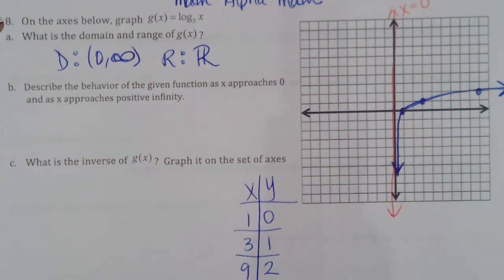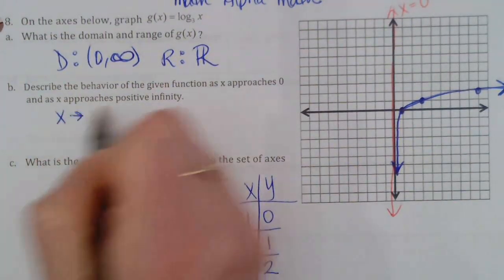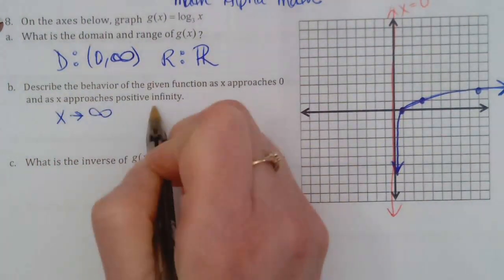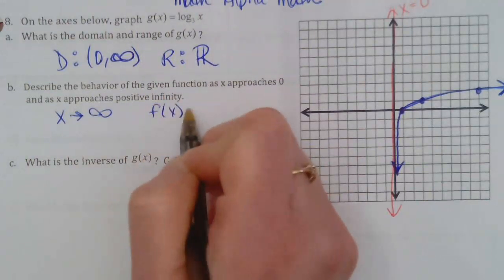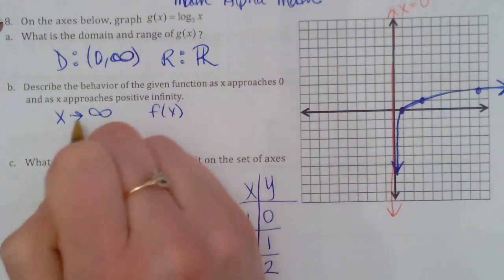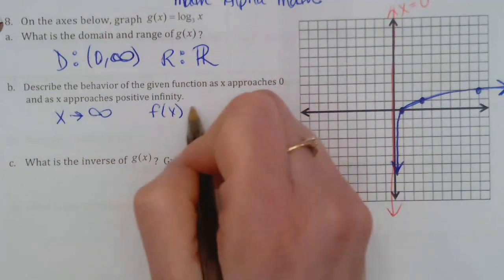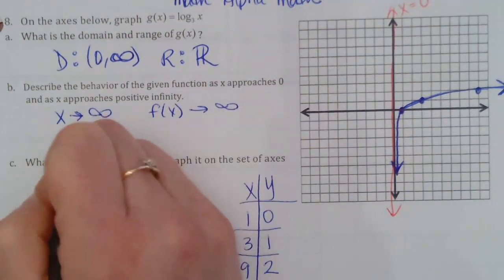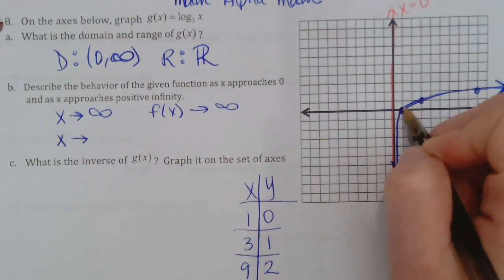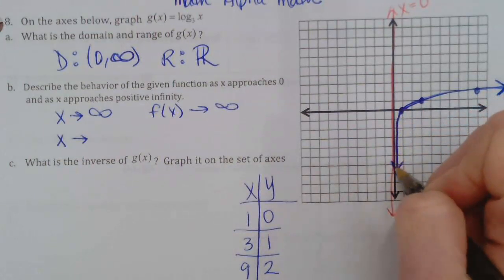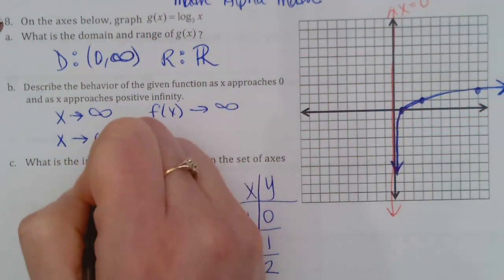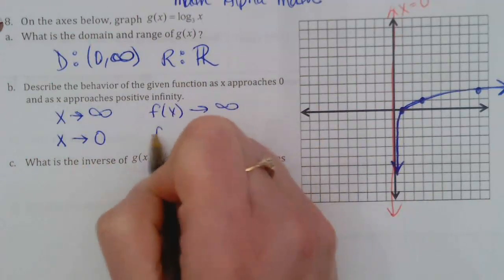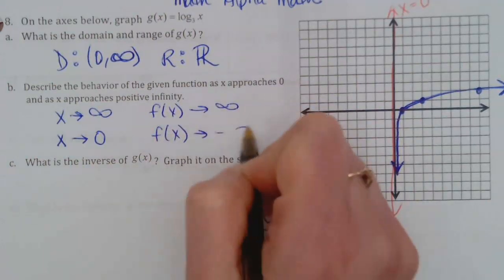So my end behavior is precisely my domain and range. As my x goes to the right, my y values go up, but as my x goes to the left, it goes towards 0, and my y values go towards negative infinity.